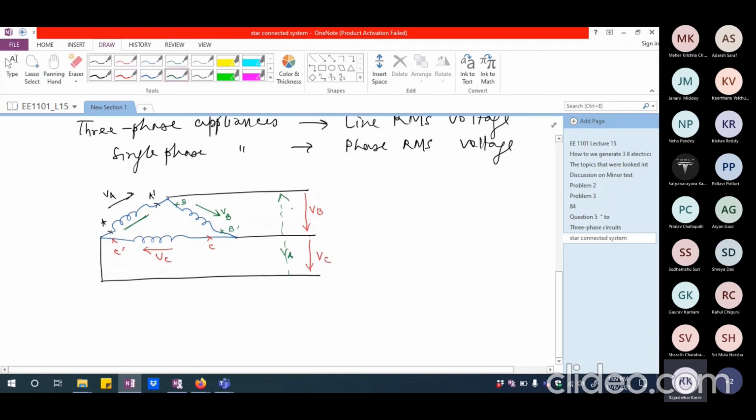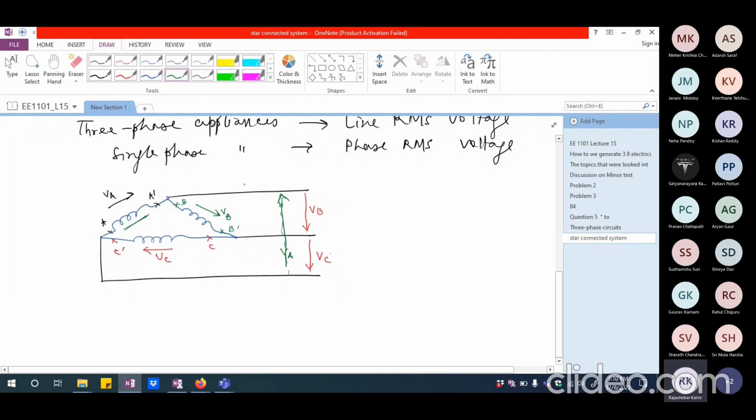So we got this as VA, which is the same as the phase voltage across the winding corresponding to A phase. This is the same as the phase voltage across the winding corresponding to B phase, and this is the winding across C phase. So these are going to be the three phase voltages, VA, VB, VC.